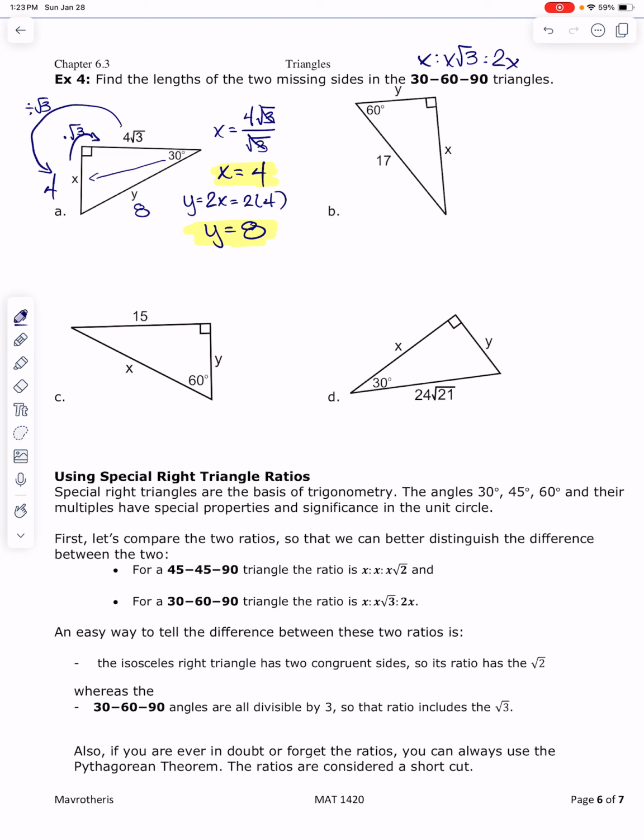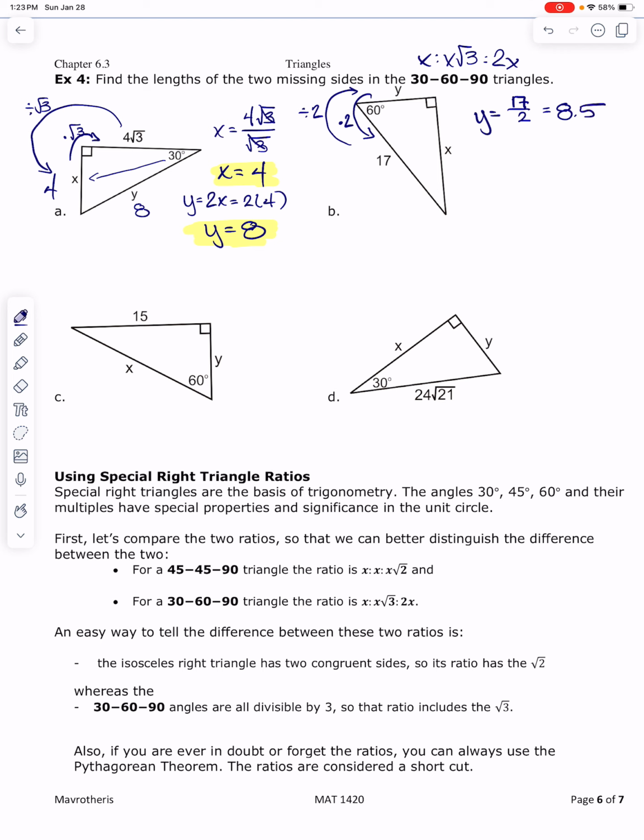B. I have the length of the hypotenuse. It is opposite that 90-degree angle. So the first thing I'm going to do is solve for the short side. Because if I multiply by 2 to get from the short side to the hypotenuse, I've got to divide by 2 to go the other way. So y, my short leg, is going to be 17 divided by 2. If you're more comfortable, you can leave it as 8.5.